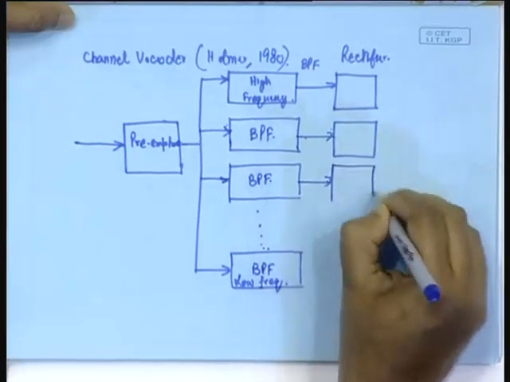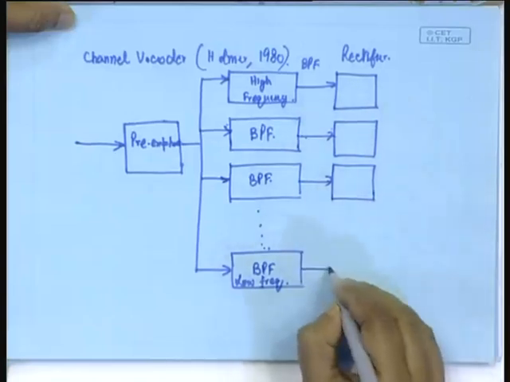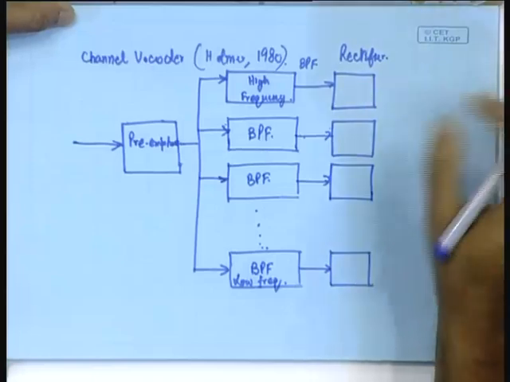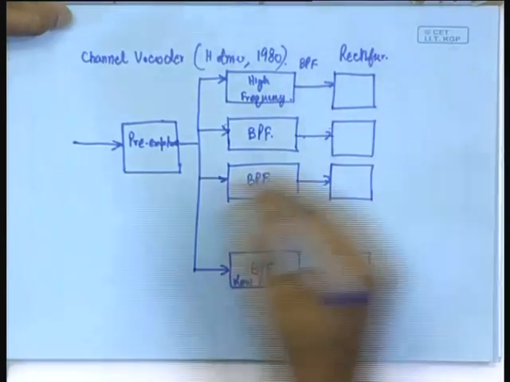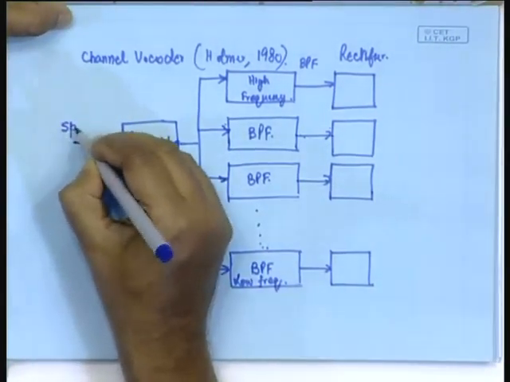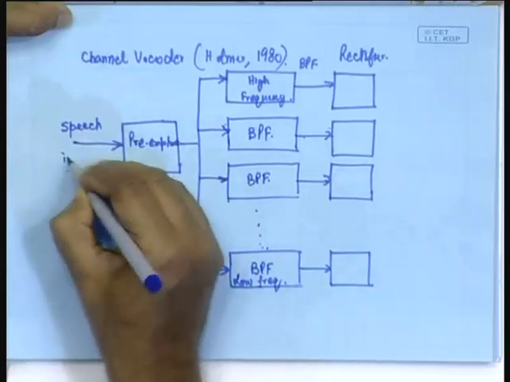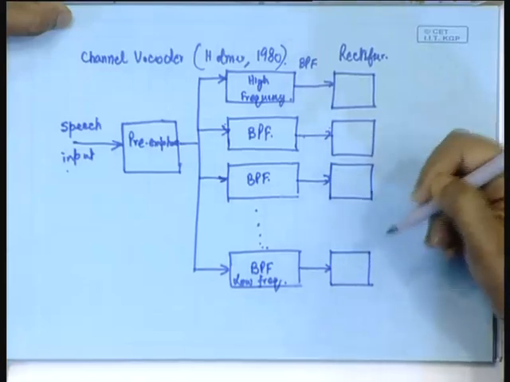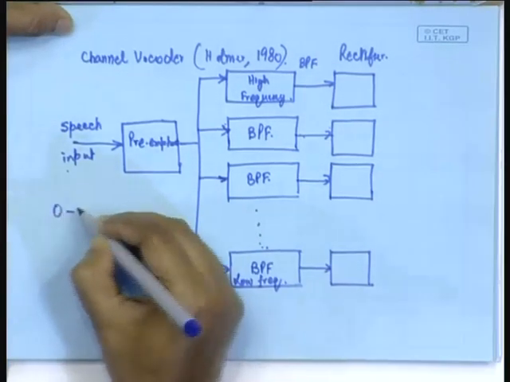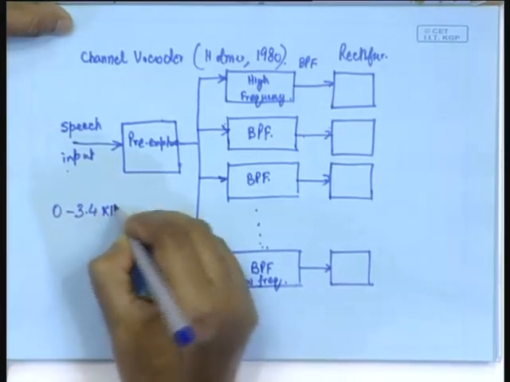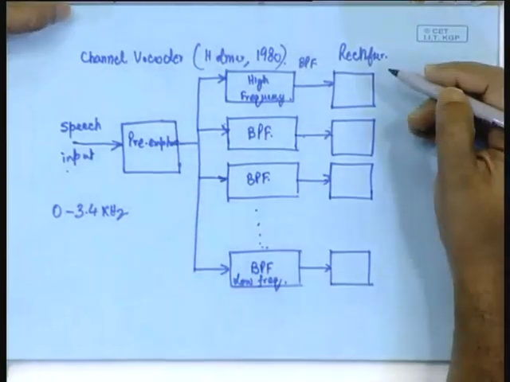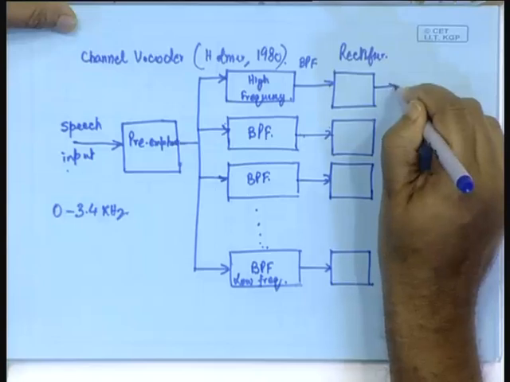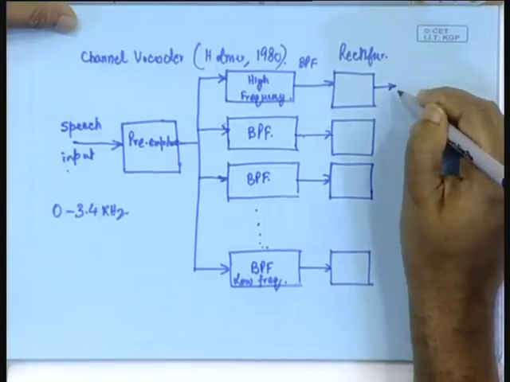Essentially what we want to do is to extract the energy of the different bands. So, given the speech input, we are going to analyze it into different frequency components. In the range of 0 to 3.4 kilohertz, we will have a bank of such filters, and every filter's energy will be computed.